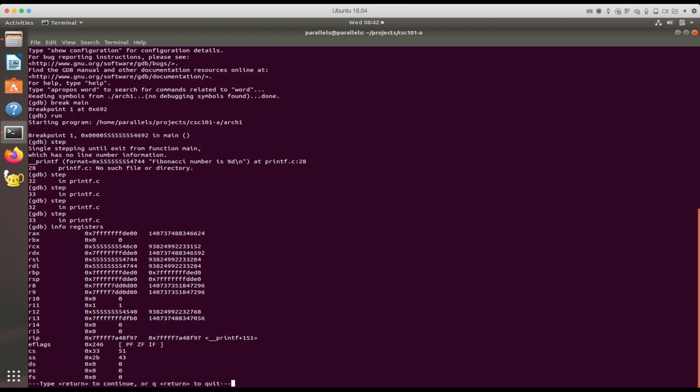Then we've got all these different registers, and some of them have special names, right? So base pointer, stack pointer, 8, 9, 10, and so on.